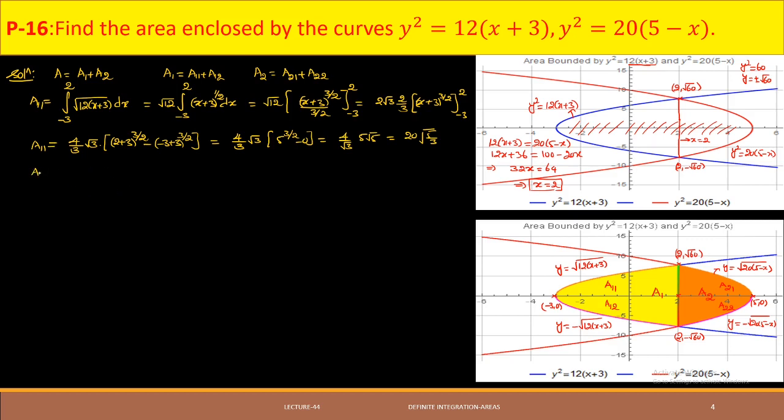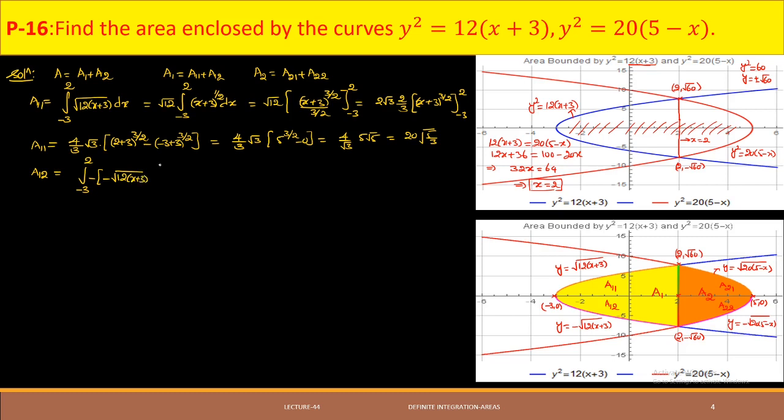Now let us find out a12. a12 is the integral, again the limits are the same, minus 3 to 2, but this curve is below the x-axis, that means it is negative. In this case, how do we find this? It is minus of minus under root 12 into x plus 3.